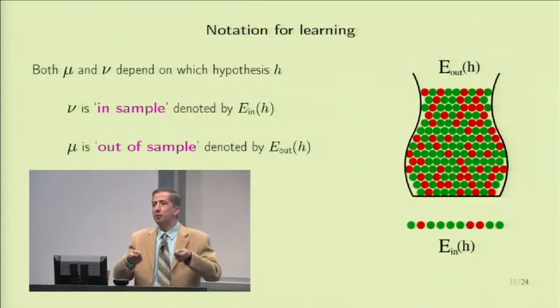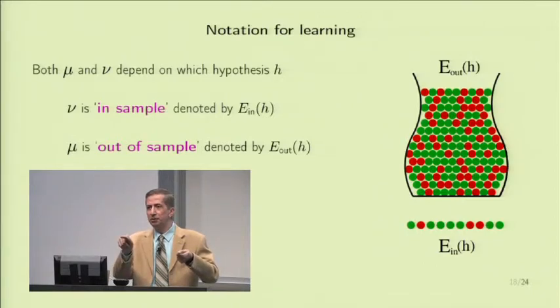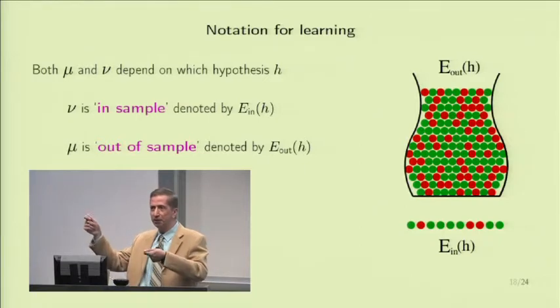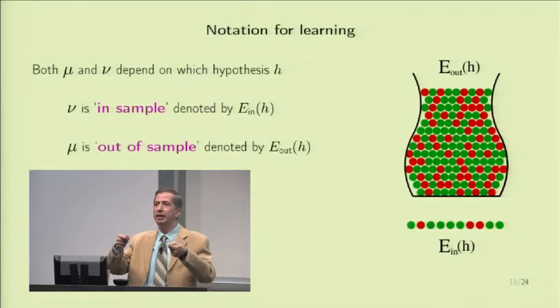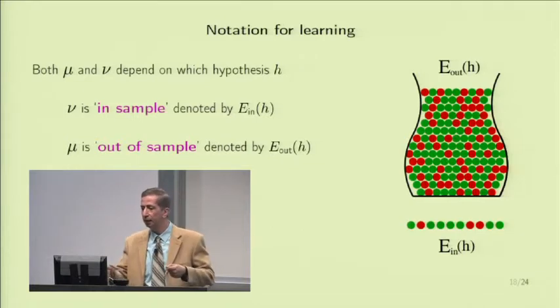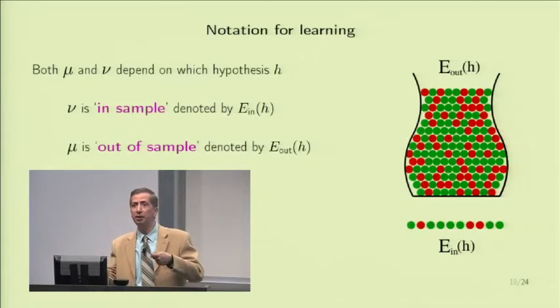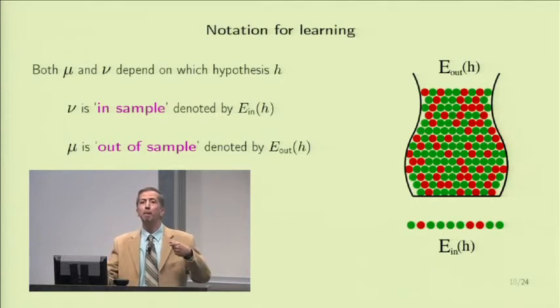Well, the in-sample performance, you are trying to see the error of approximating the target function by your hypothesis. That's what E in is. So obviously it depends on your hypothesis. So it's E in of H. Someone else picks another H, they will get another E in of their H. Similarly, E out, the corresponding one, is E out of H. So now what used to be nu is now E in of H. What used to be mu inside the bin is E out of H.